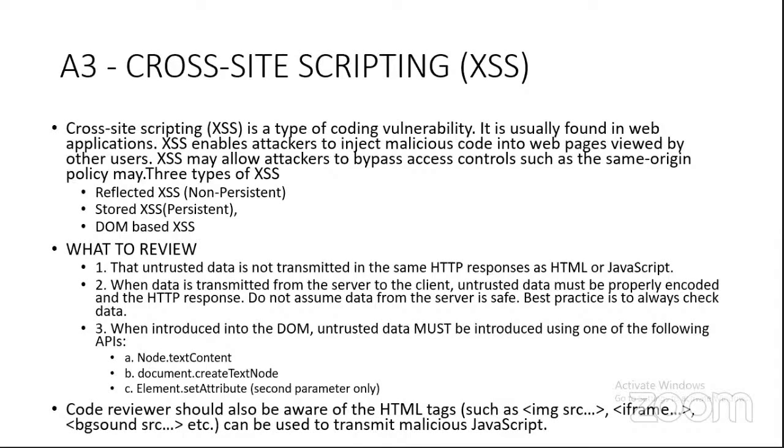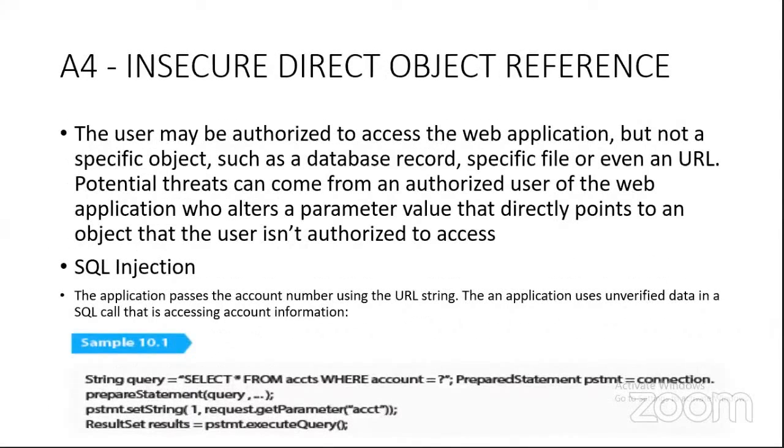And so there are three types. There's the DOM-based one, and there's the stored one, which is persistent. Once they get an external JavaScript to persist on your servers, that's a terrible place to be.